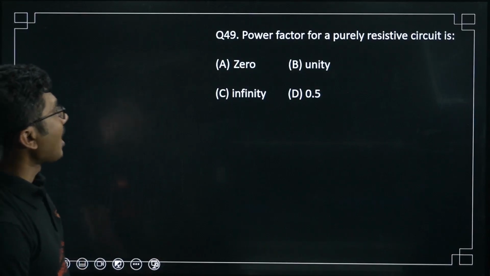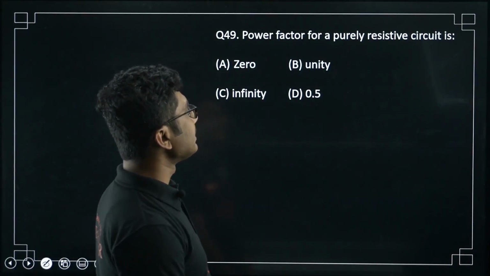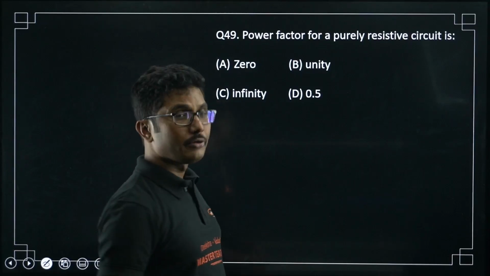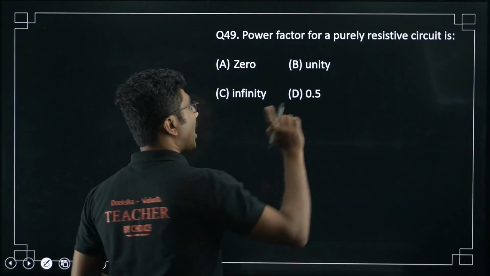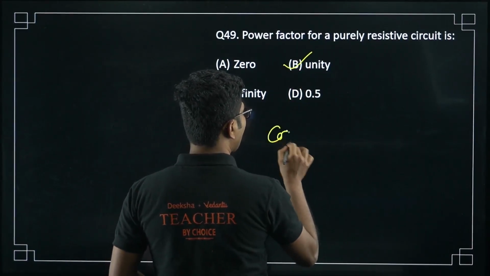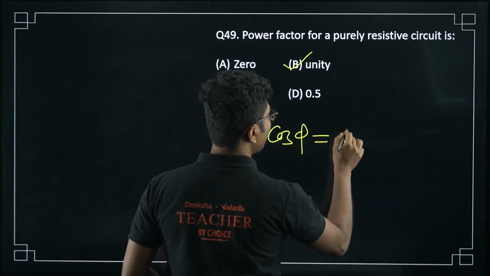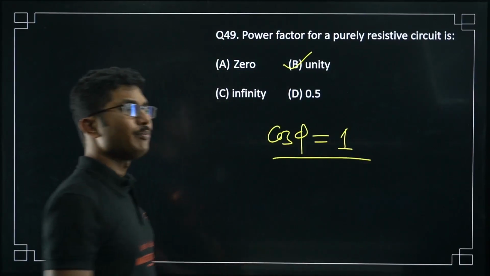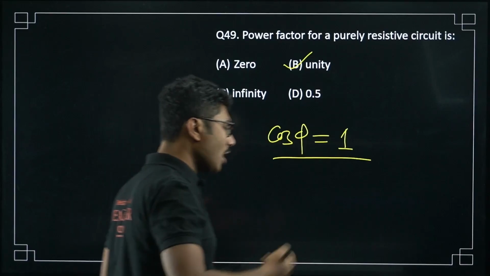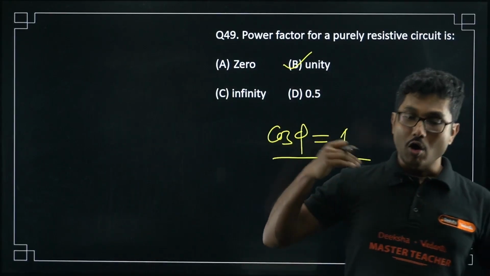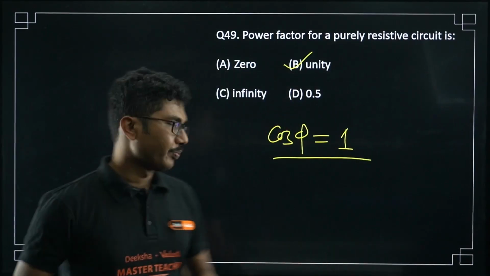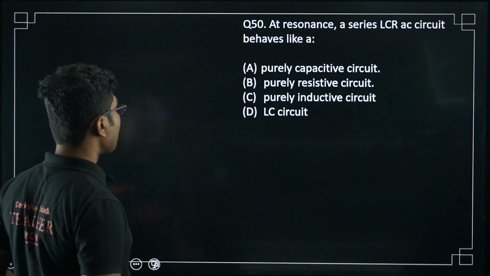Next question. Power factor of a purely resistive circuit is 1. Okay, cos phi is called power factor, which is equal to 1 for a purely resistive circuit. For a pure capacitor or pure inductor it is 0. Okay.